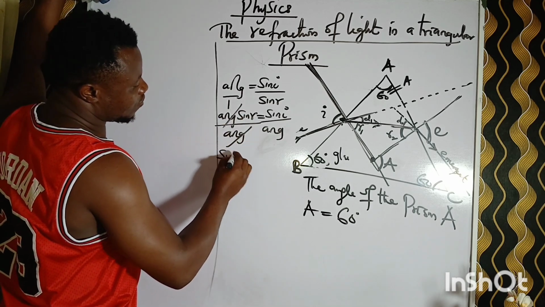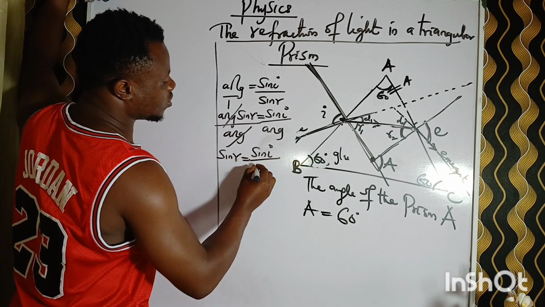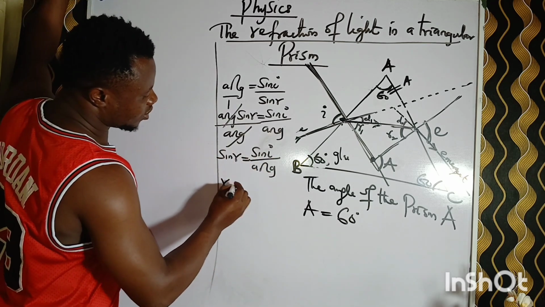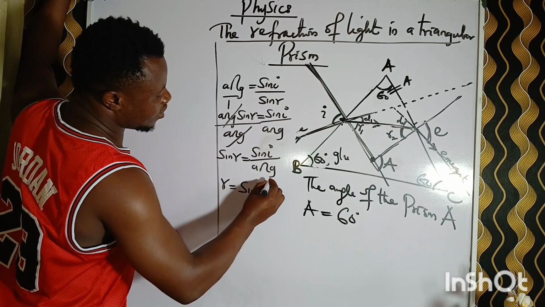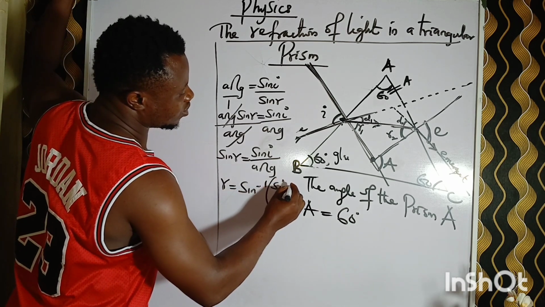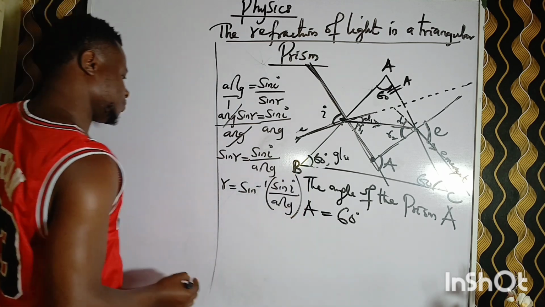We have sine of R equal to sine of I over air to glass. So R is equal to sine inverse of sine of I over air to glass.